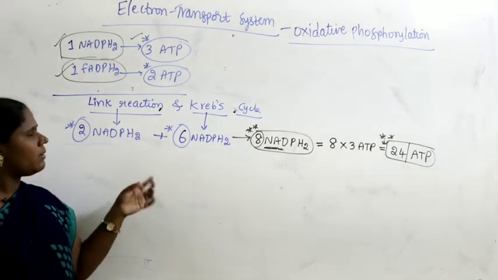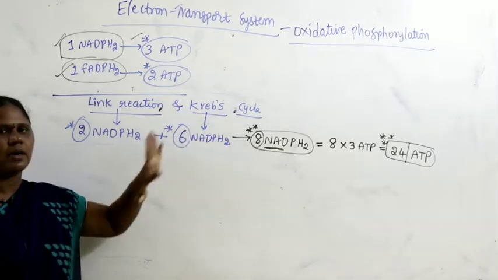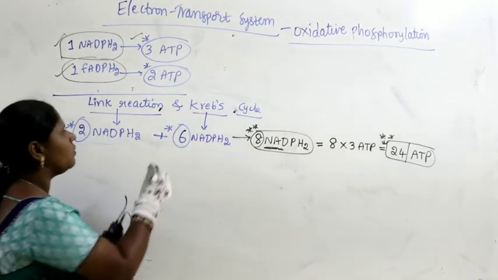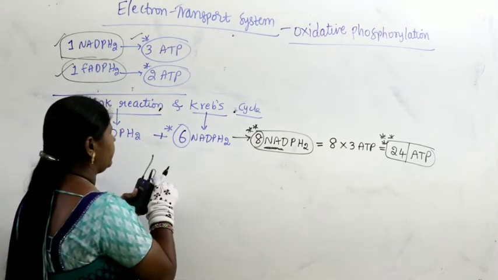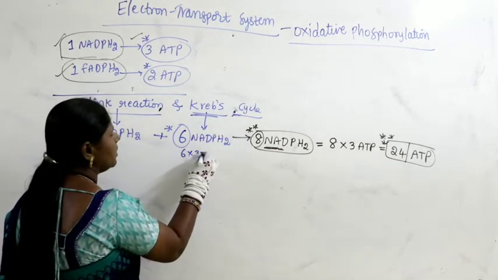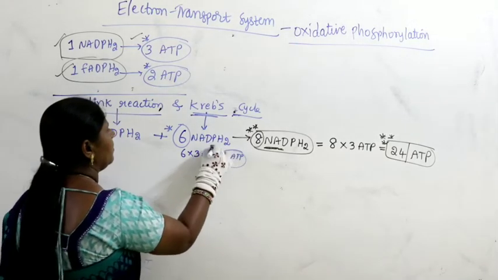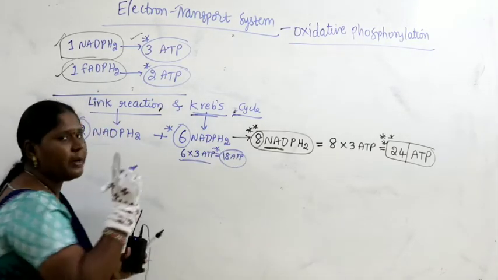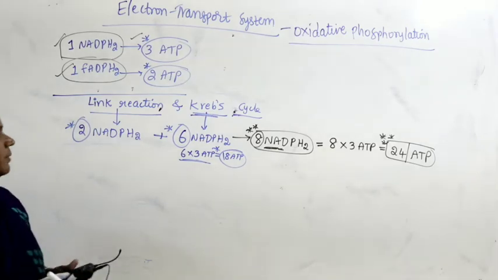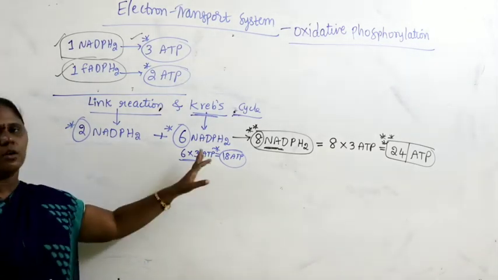Based upon the question, you have to calculate. Suppose they ask only about the Krebs cycle, then how much? 6 into 3 ATP, then you will get only 18 ATP. Yes or no? So it depends upon the question.